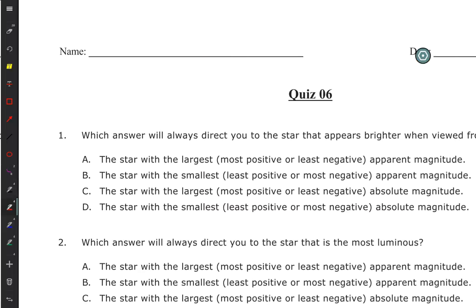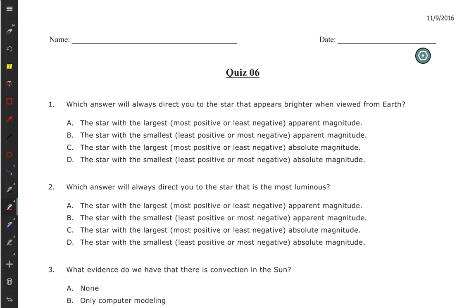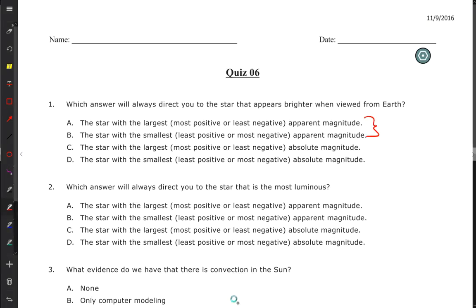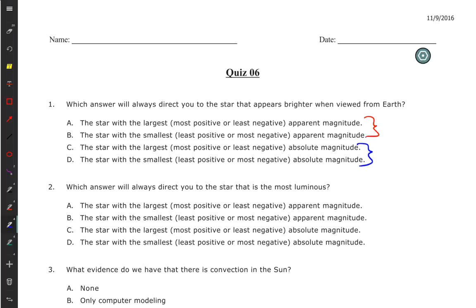All right, so going over the quiz, we have apparent magnitude versus absolute magnitude. Which aspect do apparent magnitudes tell you, brightness or luminosity? They tell us brightness.